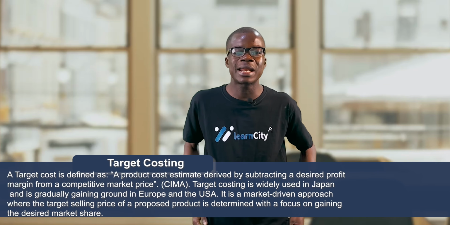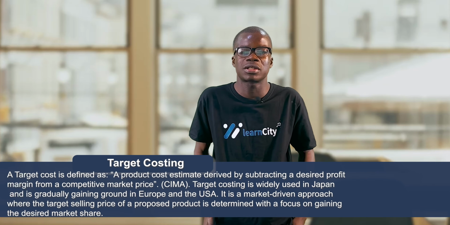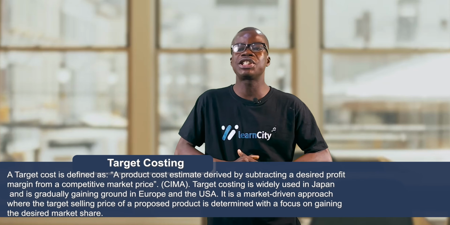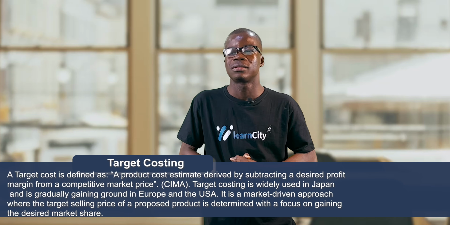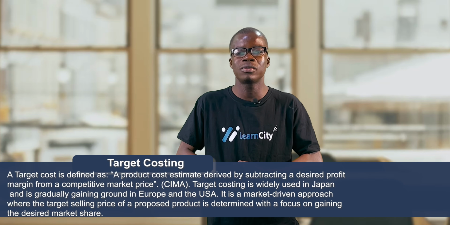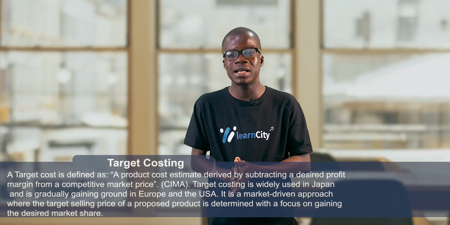The history and evolution of target costing goes thus. It is widely used in Japan, and currently it has been gaining ground in countries in Europe and the USA. The main axiom behind target costing, as the word implies, is a cost that is targeted.